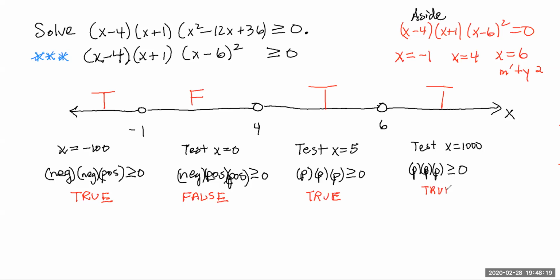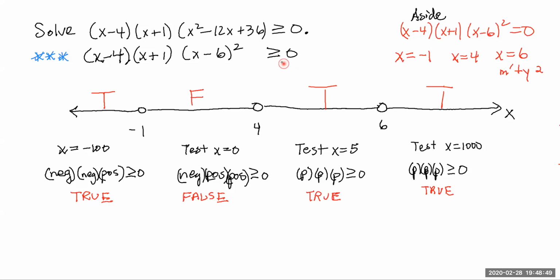Now, what about our little holes? Do we shade these holes or not? What do I mean by holes? What about these guys right here? Do we shade these? Well, let's see. The inequality says, is this polynomial greater than or equal to 0? So if you test -1 in here, we get 0. Is 0 greater than or equal to 0?